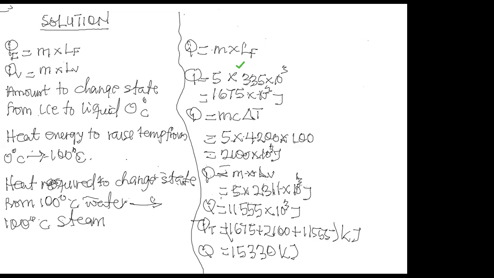So calculate the total energy required to change ice at -5 degrees Celsius to vapor or steam at 100 degrees Celsius.